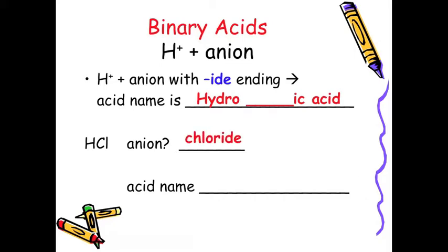So you take chloride, take off the "ide", replace it with "ic", and you get hydrochloric acid. So again, you've hopefully seen this before, but maybe you don't remember, so have a review. As another example, HF, you've got hydrogen and fluorine. Your anion is fluoride. So if you take fluoride, bump the "ide" off, turn it to "ic", you get hydrofluoric acid.